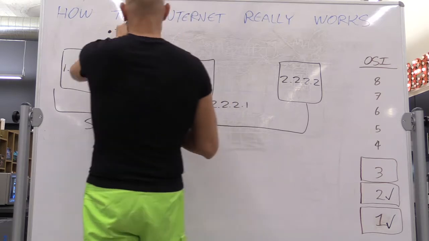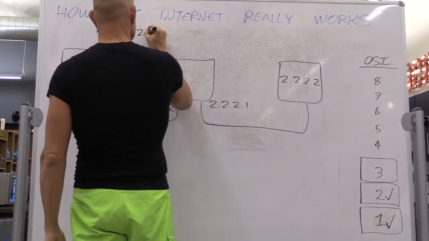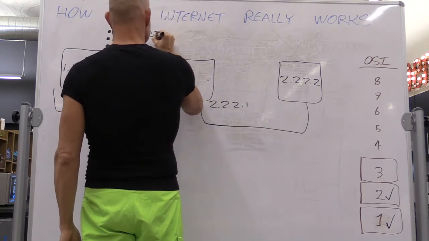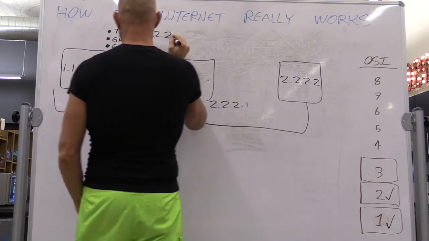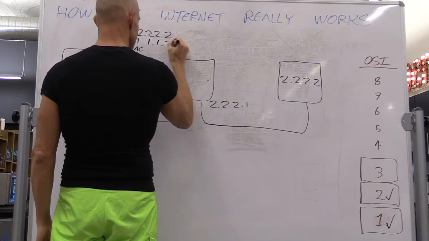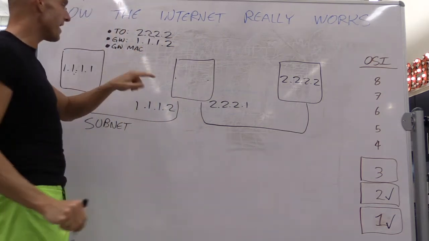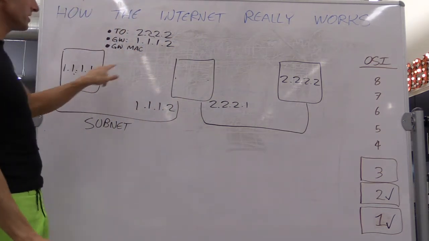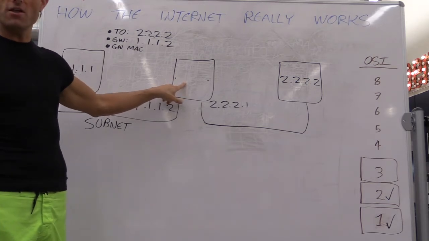So the machine knows I want to talk to 2.2.2.2. My gateway is 1.1.1.2. And I need to know the MAC address of the gateway so that I can compose an Ethernet frame that gets here. Does all that make sense so far?